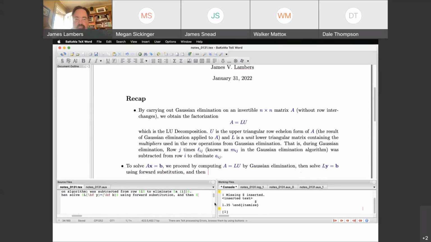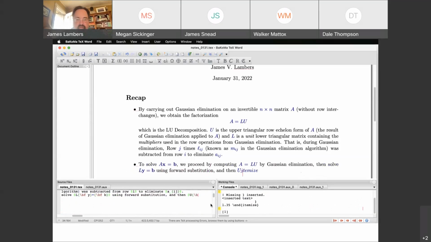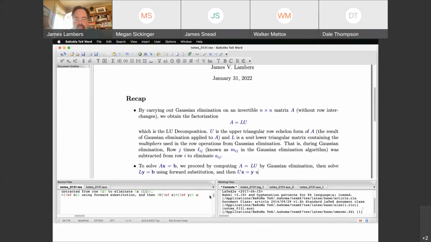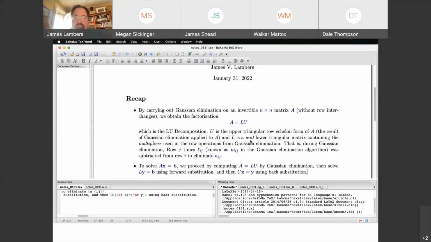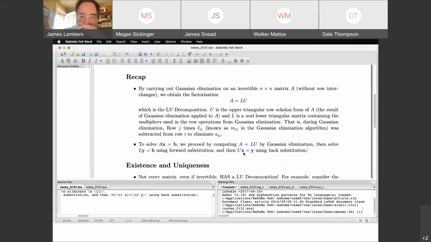Once we know y, we solve the system Ux equals y. Since U is upper triangular, we use back substitution for that, and we obtain a solution x.